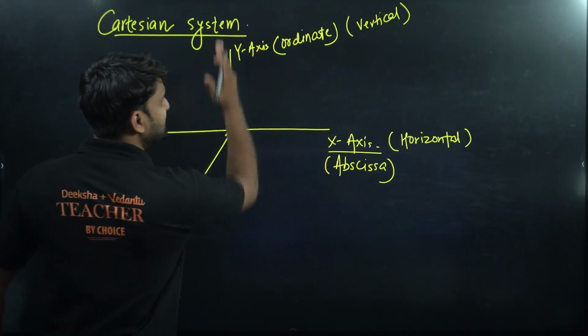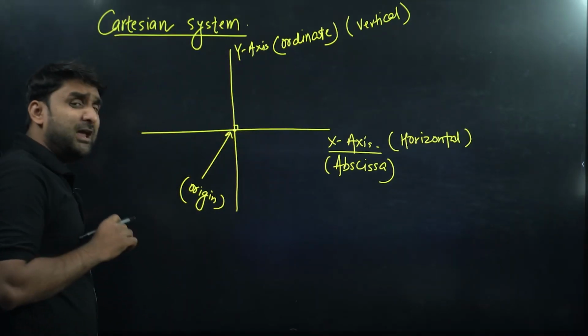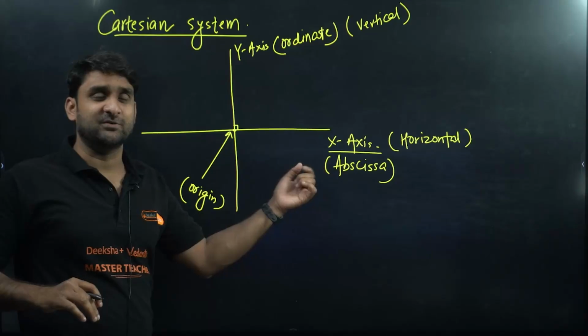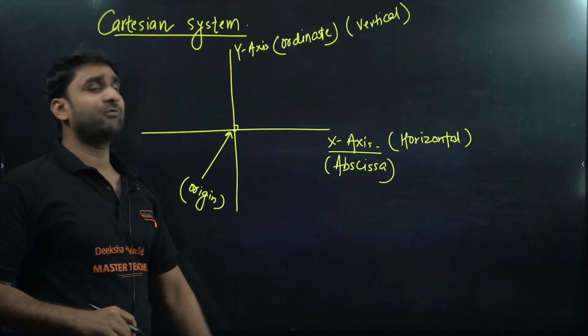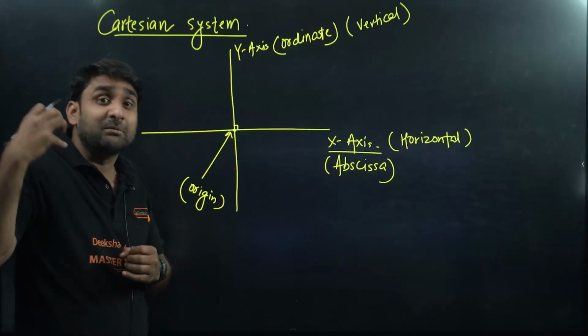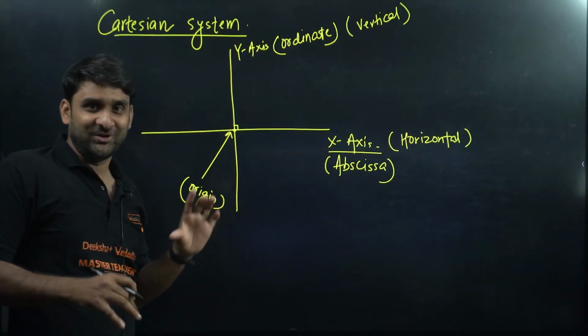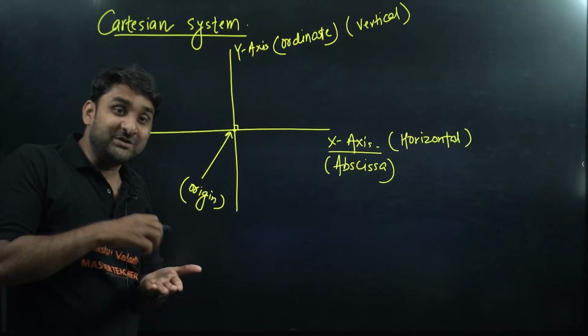This is the x-axis, this is the y-axis, so this is the origin. From the origin, the units or values, the coordinates, on any axis, whether x-axis or y-axis, start. That is why it is called origin. Origin is the point from which anything starts.